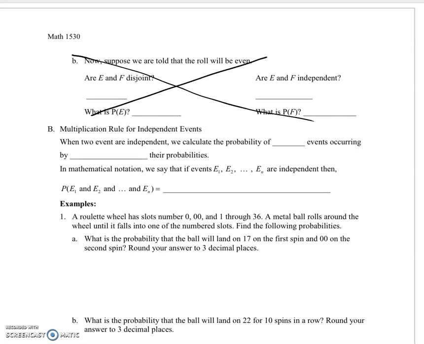So this brings us to the multiplication rule. When two events are independent, we calculate the probability of both events occurring by multiplying.